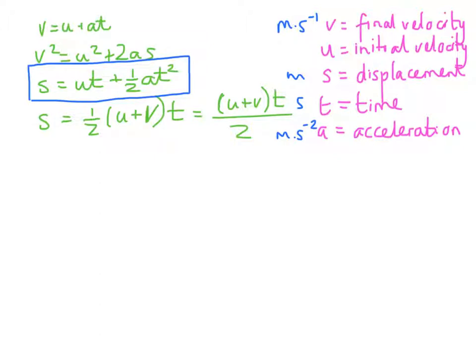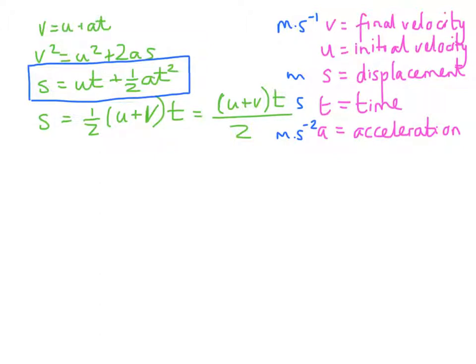And when that happens, you may want to use one of the other equations of motion to get a piece of information and then substitute into one of these equations, kind of doing it in two steps, because once you get a quadratic, it often looks quite difficult if you're trying to solve for time. So sometimes you first get, let's say, the final velocity from v squared equals u squared plus 2as, substitute the v in over there, and then work out the time from that equation.